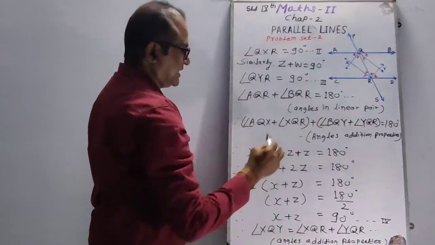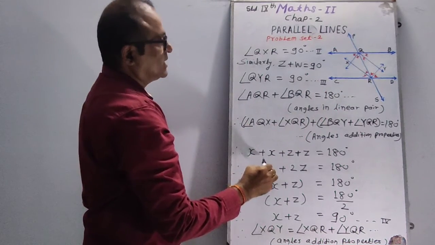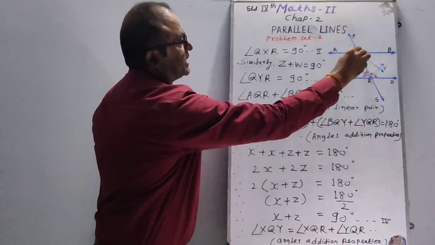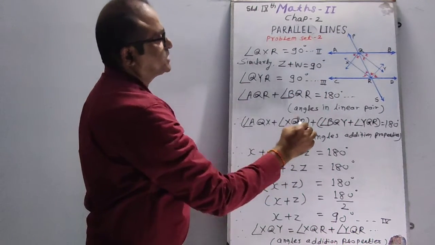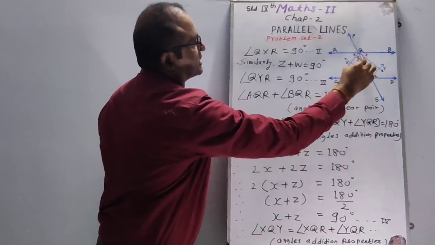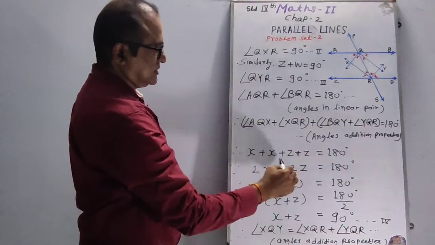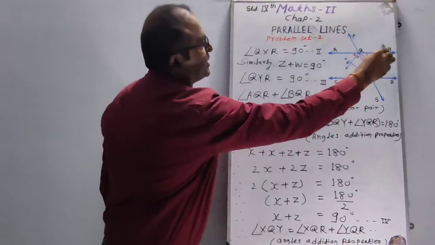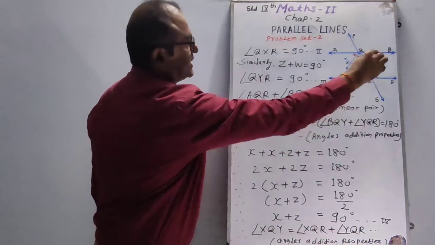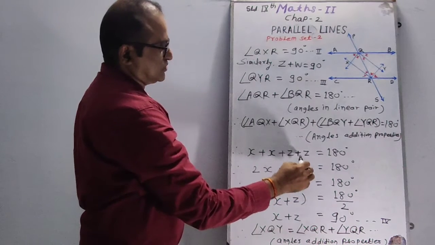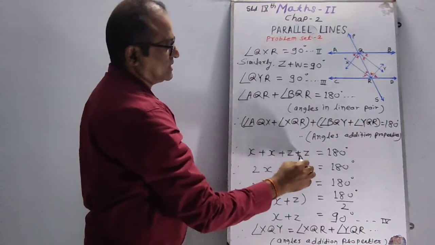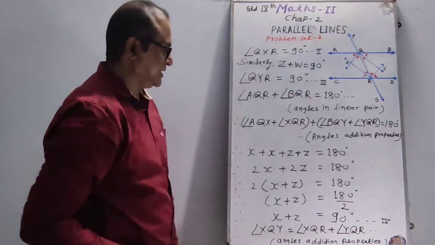Angle AQX is x, and angle XQR is also x, plus angle BQY is z, and angle YQR is also z, is equal to 180.